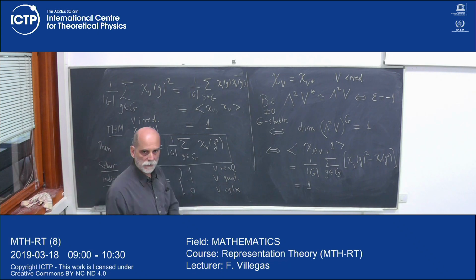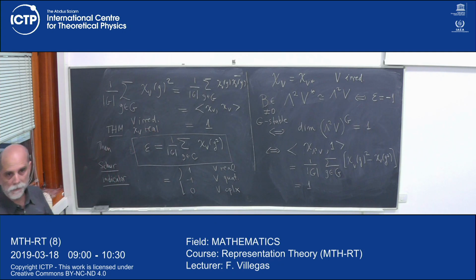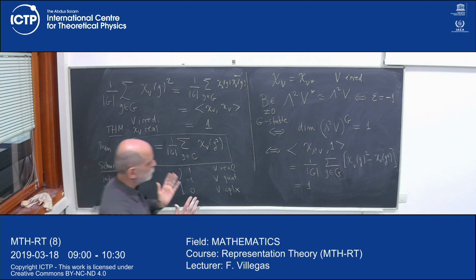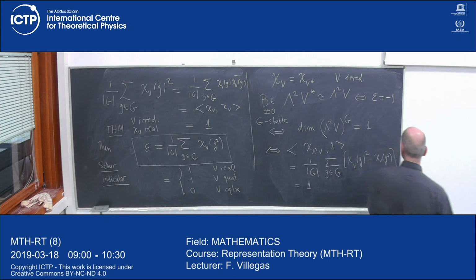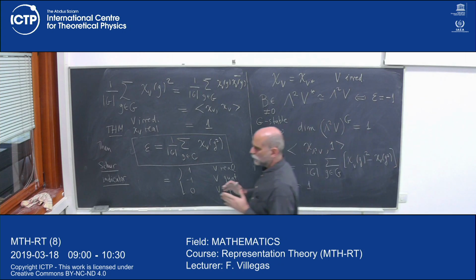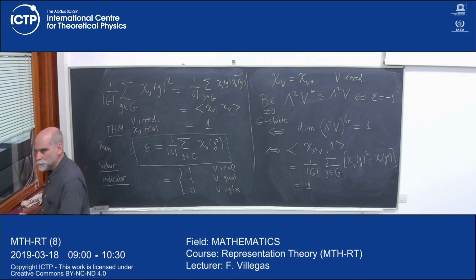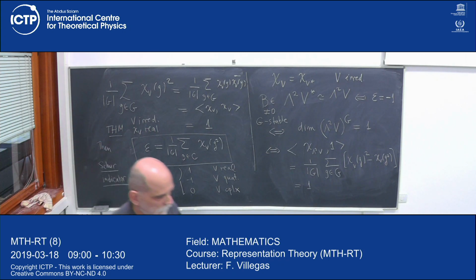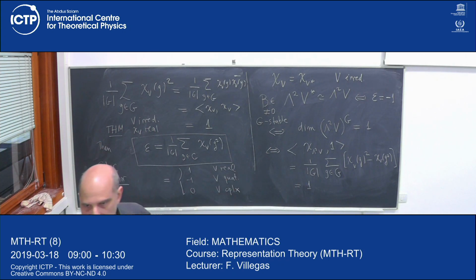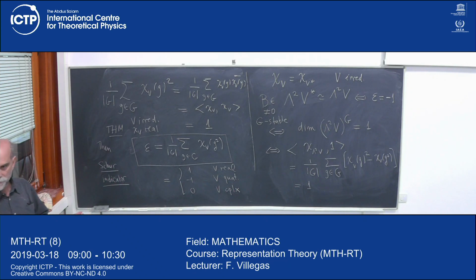You see that it doesn't depend just on the character values; it depends on the character values and the squaring map in the group, which is something you cannot read off from the table. Maybe I'll add it to the homework problem. If you compare the squaring map in the quaternion group versus the dihedral group, you'll find that it does different things.